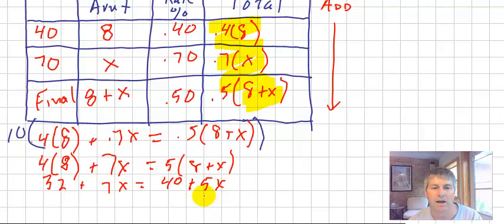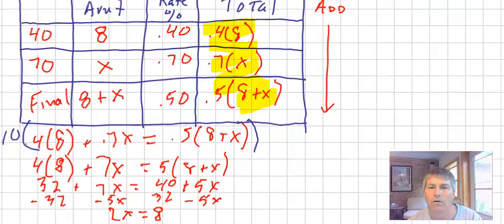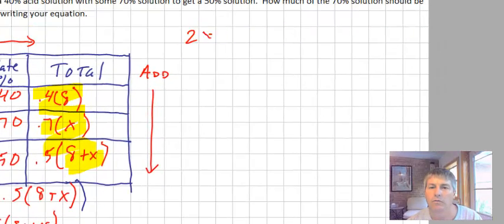I distributed the 5. I'm going to subtract 5x from both sides. And I'm going to subtract 32 from both sides. And I will get 2x equals 8. So 2x equals 8. Then I know x equals 4 dividing by 2.